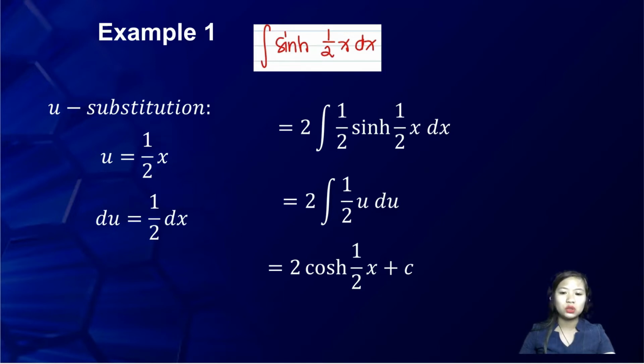Then using the u substitution, our 1/2 x is u, and our 1/2 dx is du. Getting the integral of hyperbolic sine u du, we have 2 hyperbolic cosine 1/2 x plus c. So that is the final answer.